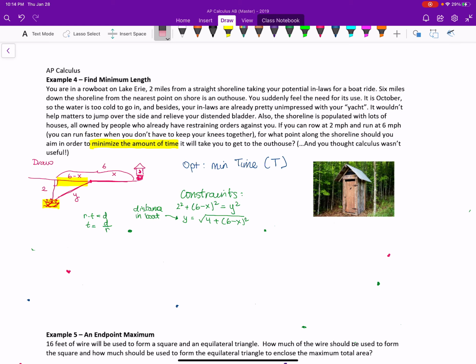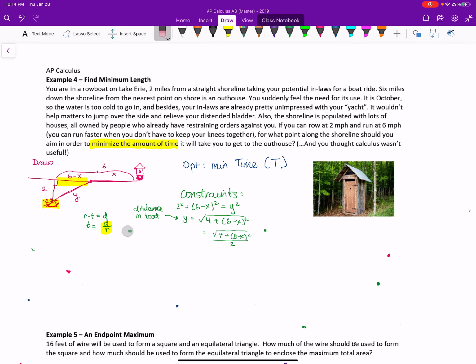All right, so in this particular problem, it's important that we remember that rate times time is equal to distance. So time, which is what we're actually looking for here, we need to keep in mind is distance over rate. So y is the distance that we traveled in the boat. So I need to take that distance and divide by the rate at which we row.